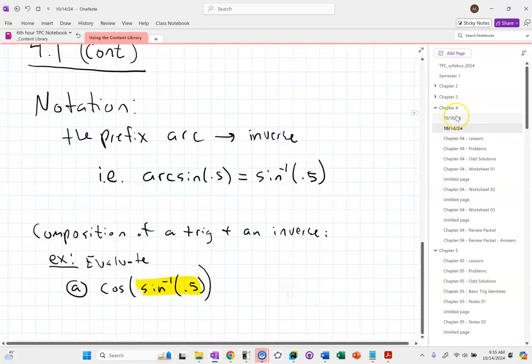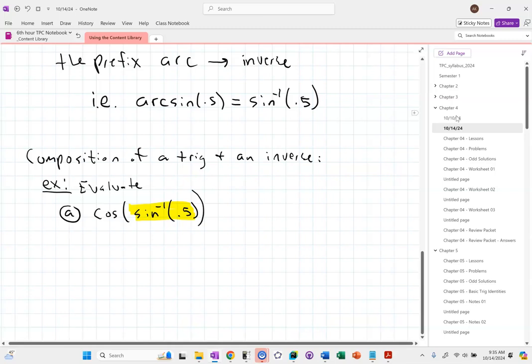All right. So remember that negative pi over 2 to positive pi over 2 is covering quadrants 4 and 1.